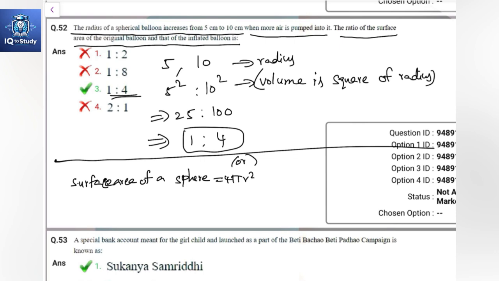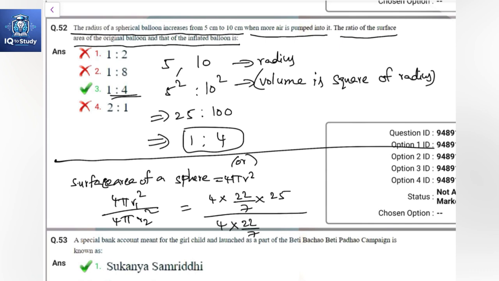Here, 4 pi r1 square by 4 pi r2 square is equal to 4 into 22 by 7 into r1, which is 5, so 5 square is 25, divided by 4 into 22 by 7 into r2, which is 10, and 10 square is 100. So after simplifying, it becomes 1 by 4.